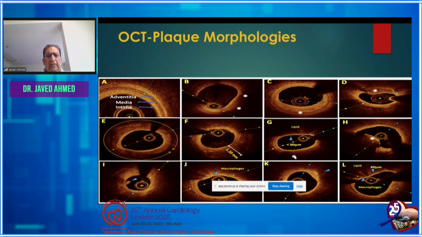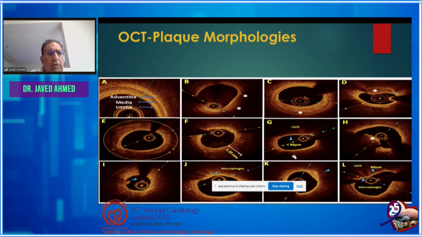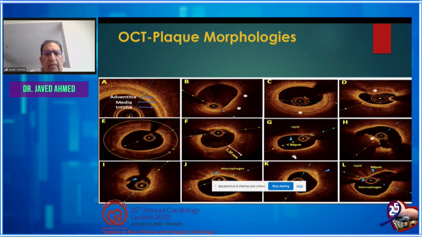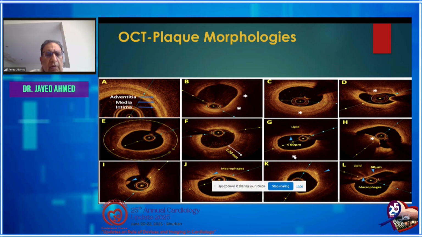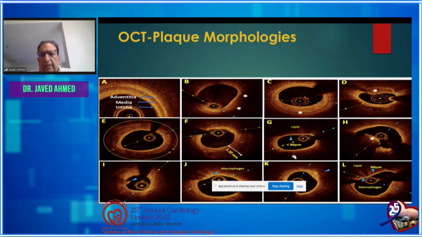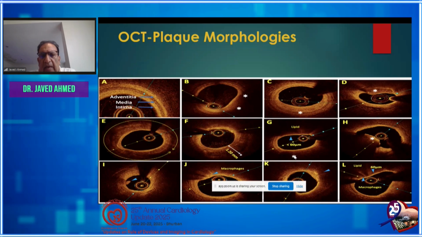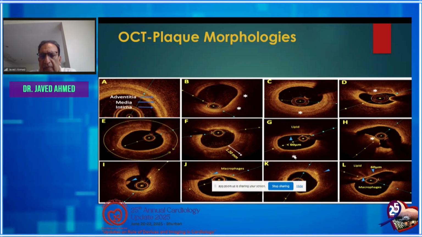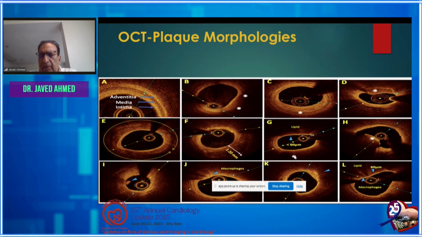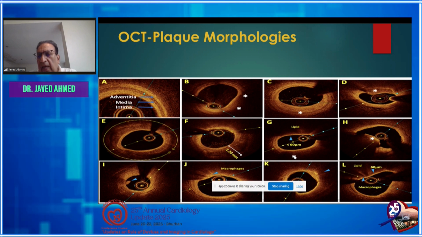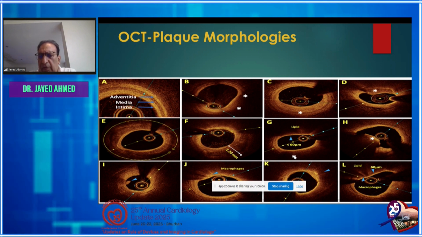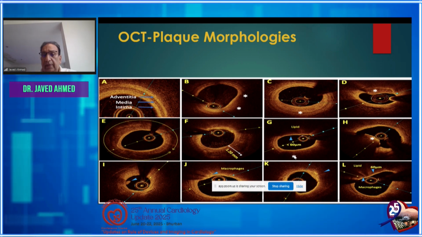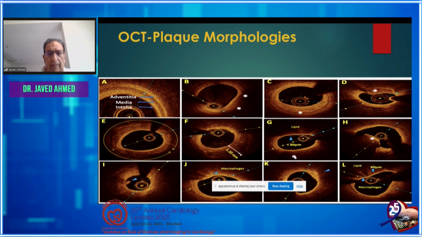So this is a slide which shows a normal vessel, and then it shows different plaque morphologies, which includes lipid-rich plaque as labeled, as well as calcium. The panel labeled L demonstrates macrophages, which are cholesterol containing deposition.